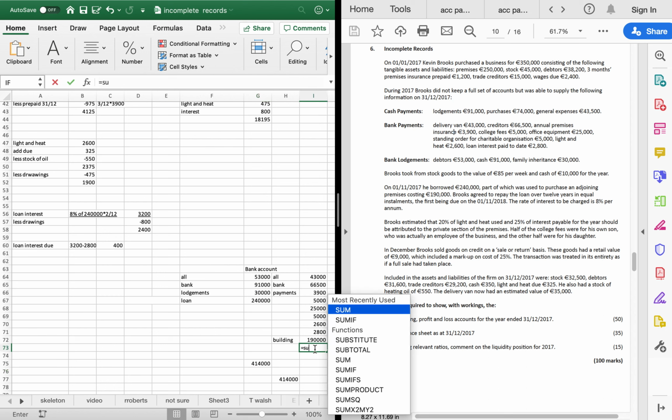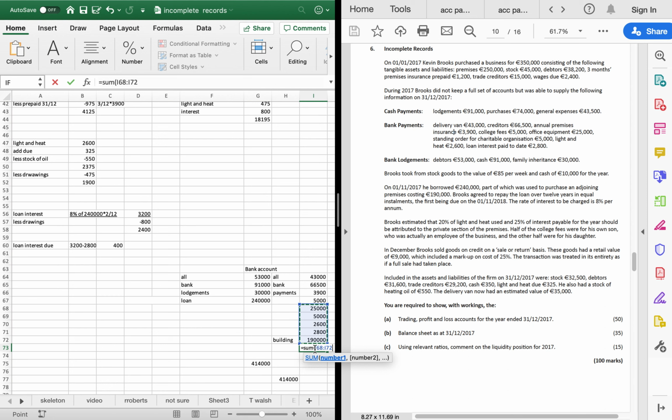The right hand side adds up to 343,800. To find the balance, we take the left hand side and take away the right hand side, and you get 70,200. So now both sides add up to 414. So that's your balance there. Your bank balance is 70,200.